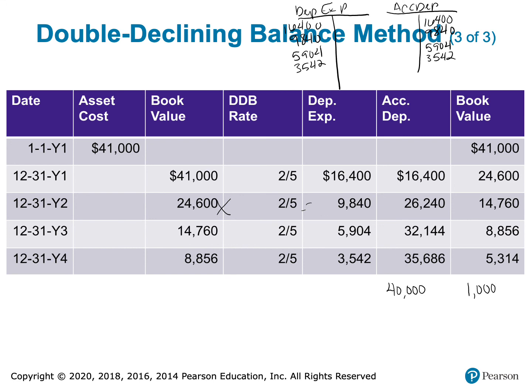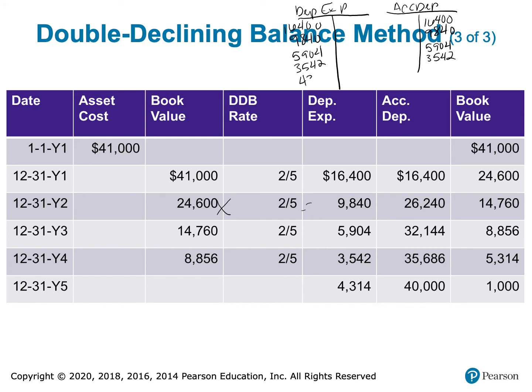So to do that, we can say the difference in 35,686 and 40,000 or the difference in 5314 and 1,000 are the same values. So in this case, I'm going to take 4314, which makes the accumulated depreciation now be 40,000 and makes the book value now be 1,000.